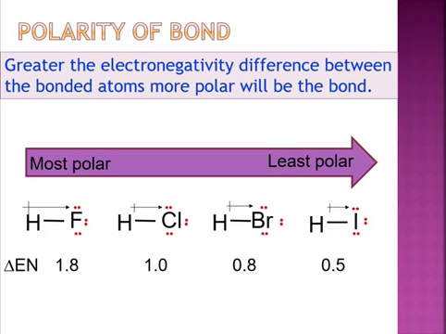In this case, hydrogen fluoride is the most polar and hydrogen iodide is the least polar. The longest arrow indicates the largest dipole in the case of hydrogen fluoride, and the smallest arrow in the case of hydrogen iodide indicates the smallest dipole.